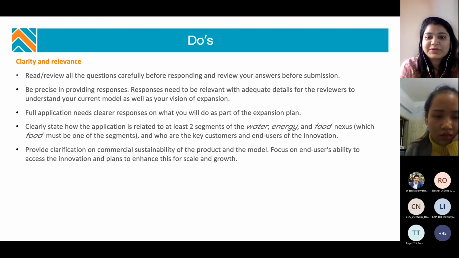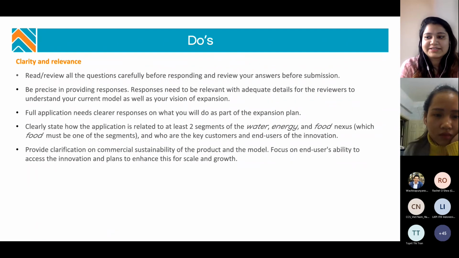So we'd request you to bring that clarity better in these applications, because the reviewers would be reading this and trying to understand the entire innovation in detail. So it's important that you elaborate this to the extent possible so that they find it easier to evaluate your application. And provide clarification on the commercial sustainability of the product and the model.